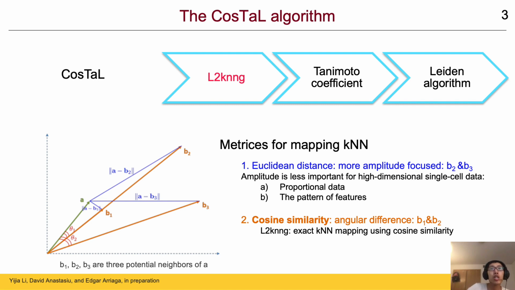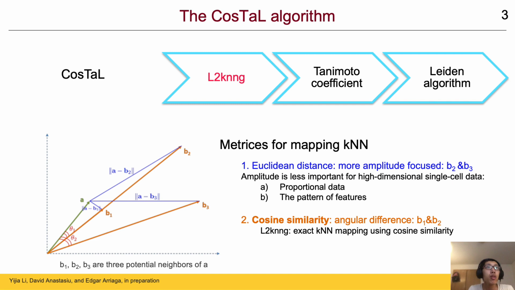But if we use the cosine similarity, we can figure out that B1 is still one of the closest neighbors, but B2 is also one of the closest neighbors, as the angular distances from A to B1 and B2 are the same. But B3, as you can see here, is not a top candidate of the nearest neighbors.